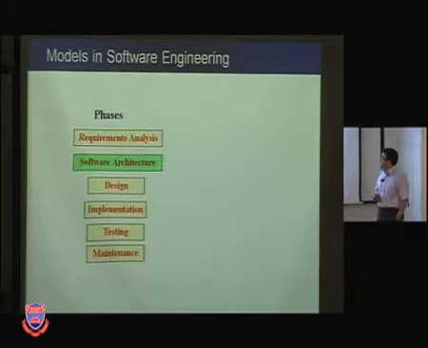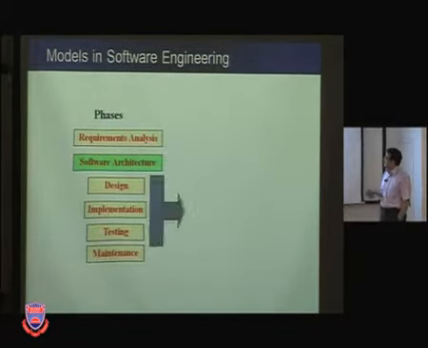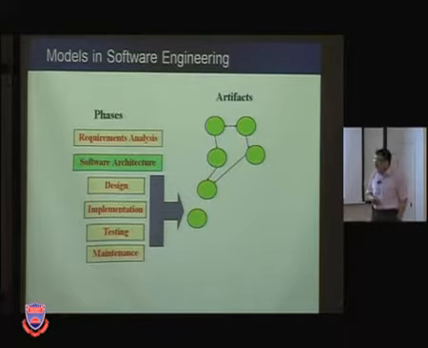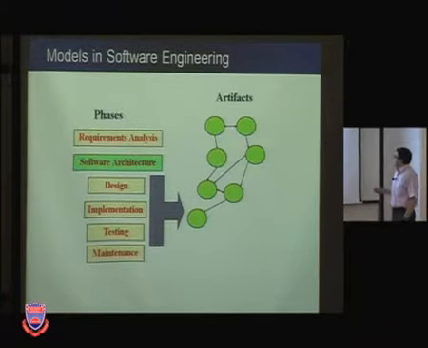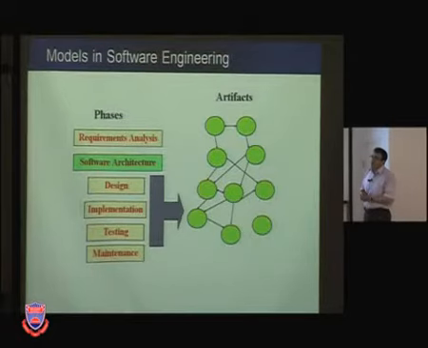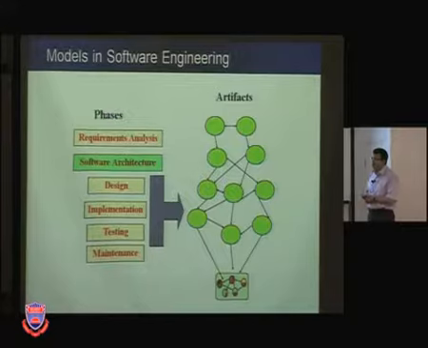If you look at the software development life cycle, it consists of several phases, workflows, however you call them. In each of these phases, we develop artifacts, products of some process, some heuristic rules that you apply. For example, at requirements analysis, typically you would have use case models, and in design, object-oriented class diagrams.